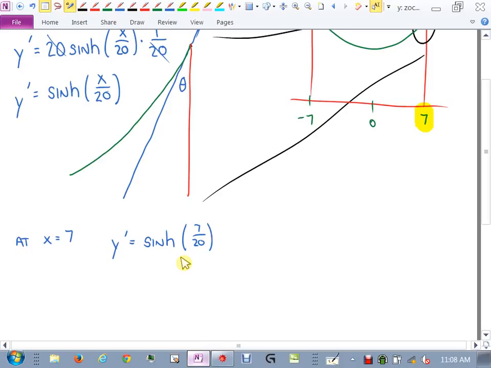What's x for us? 7 over 20. So e to the 7 over 20 minus e to the negative 7 over 20, then all of that over 2. And if you evaluate that on your calculator, you should get approximately 0.3572.